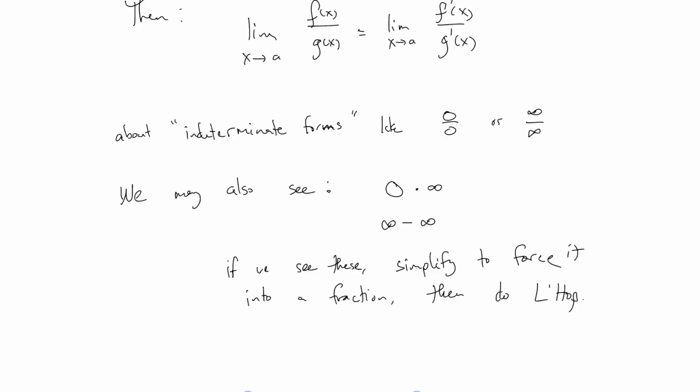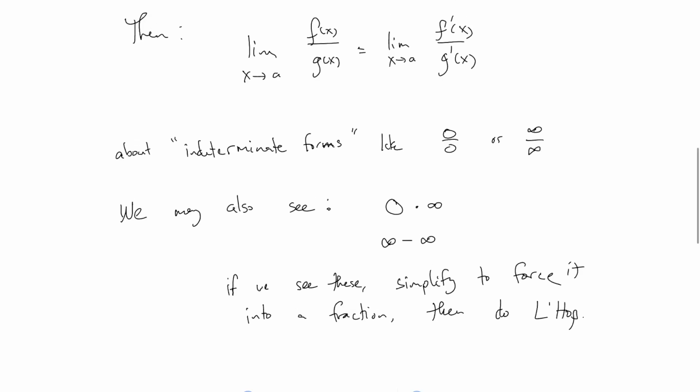The L'Hopital rule only works when you have fractions of things. So if you ever see these kind of multiplied indeterminate forms, 0 times infinity or something, you should write this instead as a fraction, and you may have to do weird things like stick something in a reciprocal rather than multiplication. You can write it as division by the reciprocal or something like that. Simplify to force it into a fraction, and then do the L'Hopital rule.